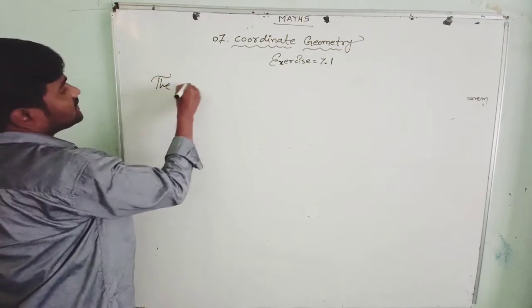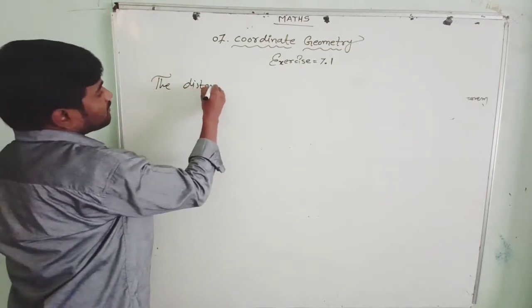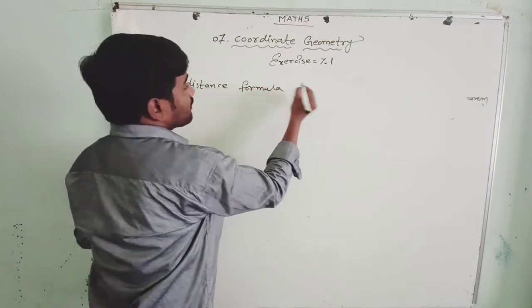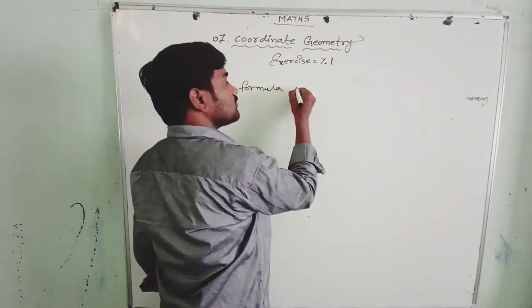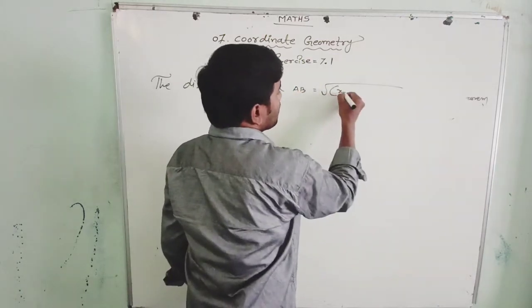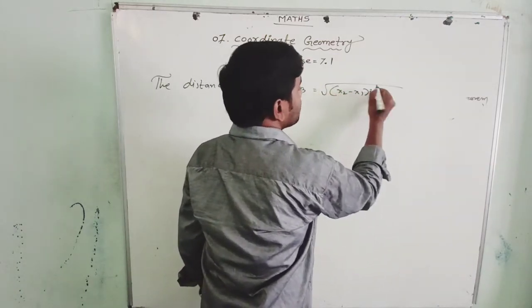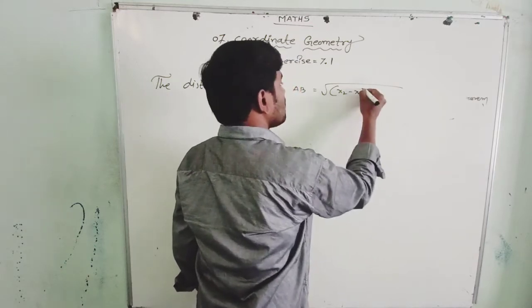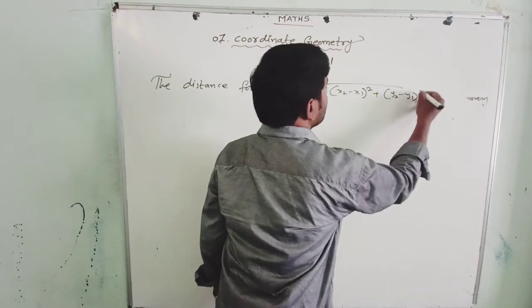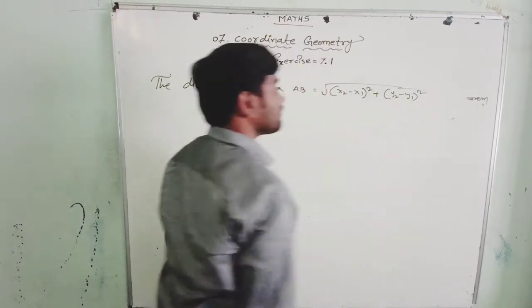The distance formula between any two points: suppose AB equal to under root of x2 minus x1 whole square plus y2 minus y1 whole square.